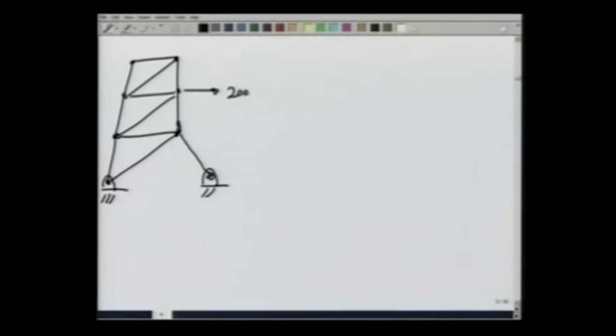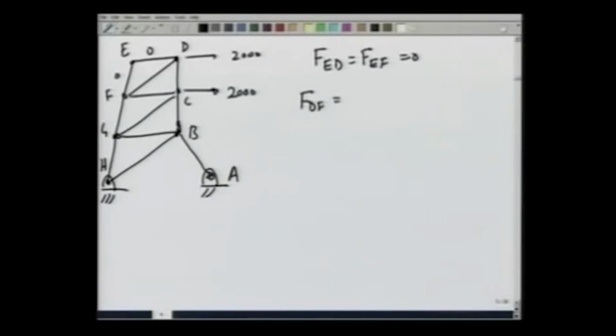2000, 0, 0, A, B, C, D, E, F, G, H. So, what we have obtained is that FED equals FEF equals 0. We obtained FDF equals 2000 over cosine of theta 1.